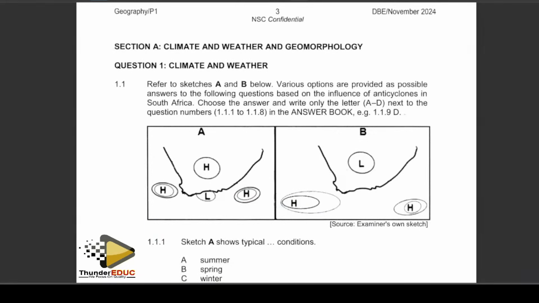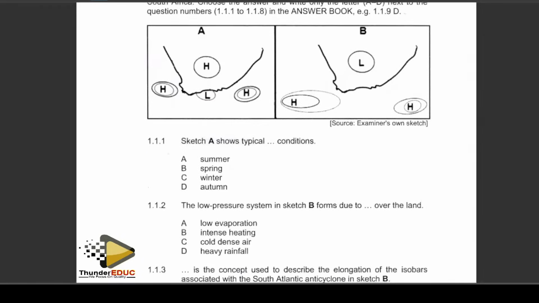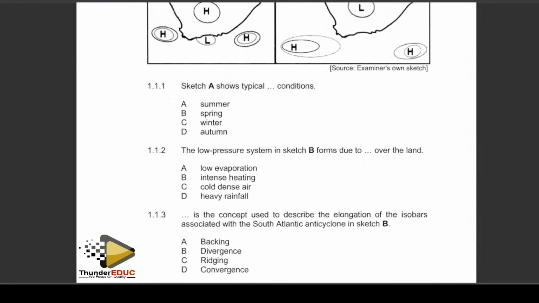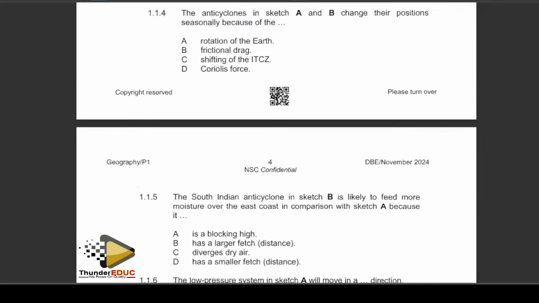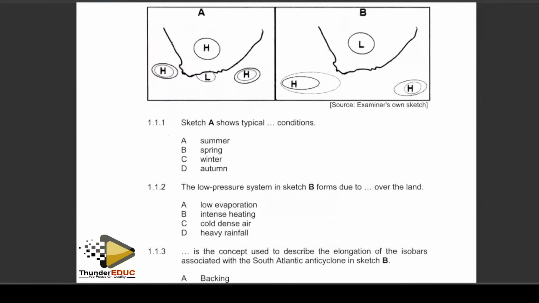Right, let's come to our question and see what the question requires us to figure out. Sketch A shows typical dash conditions. We've talked about that. Sketch A is showing a high pressure cell over the interior, a low pressure cell on the coast, which is a coastal low.